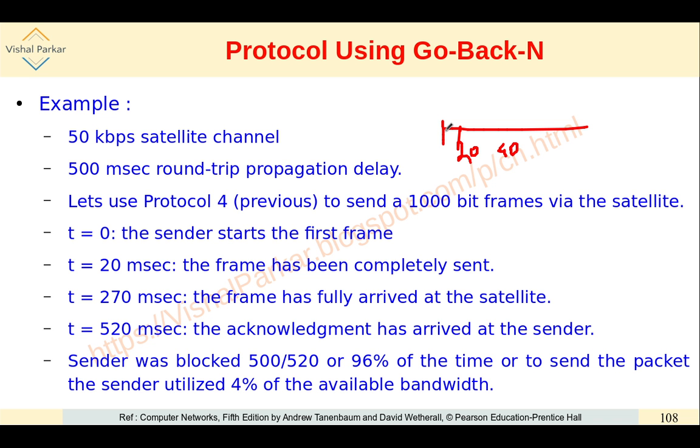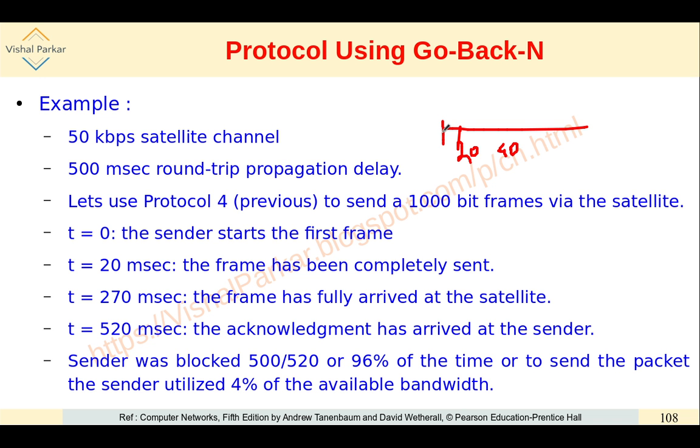If it had been only a 1-bit frame, that would have taken 250 milliseconds. But it took 20 milliseconds to transfer 1000 bits. That's why those 20 milliseconds were added, and that's why the total time was 270 milliseconds.